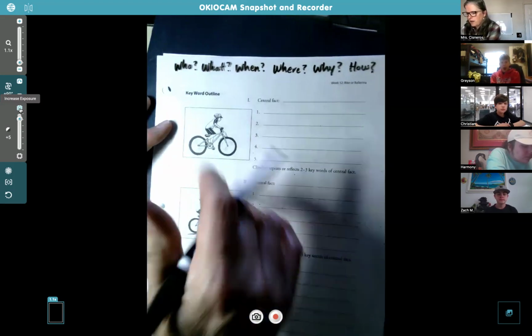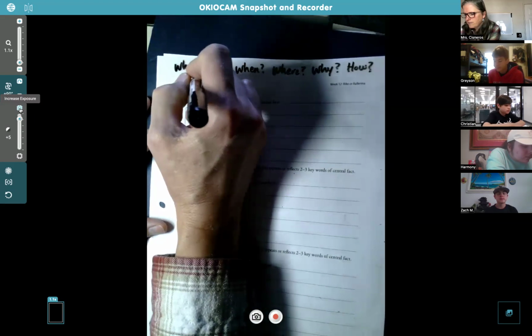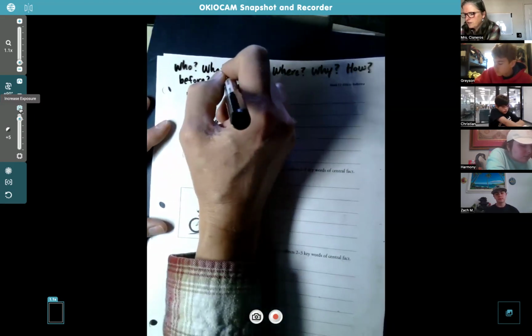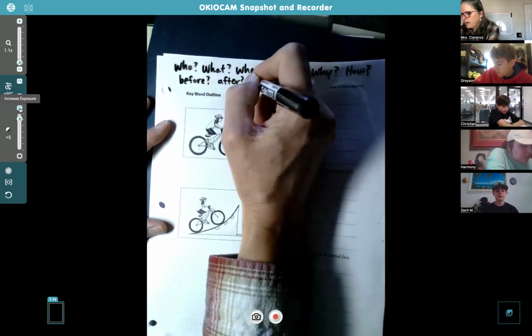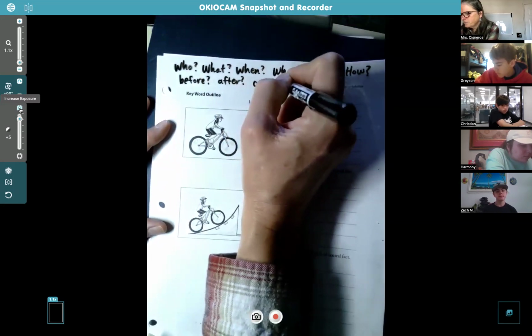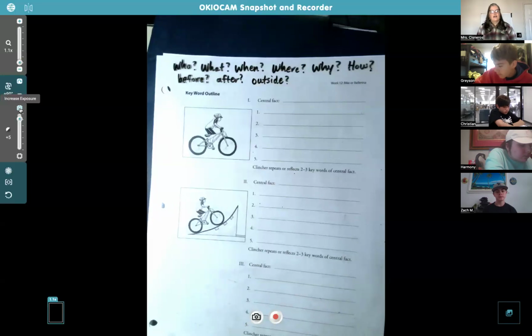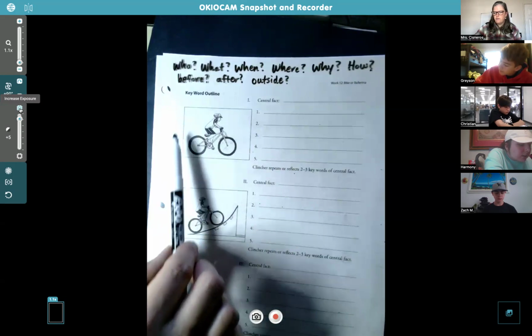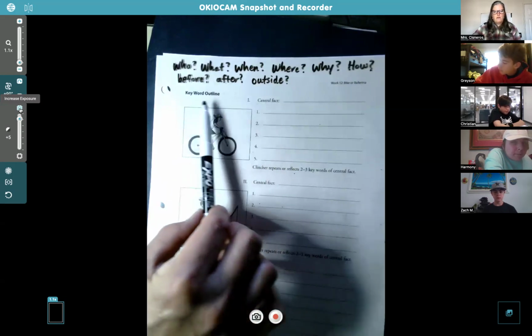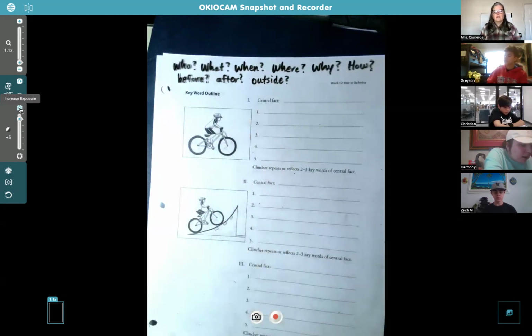Remember those that we talked about before, after, and then outside. And when I say outside, I'm not talking about outdoors. I'm talking about outside the frame of the picture. It could be even something that's invisible.